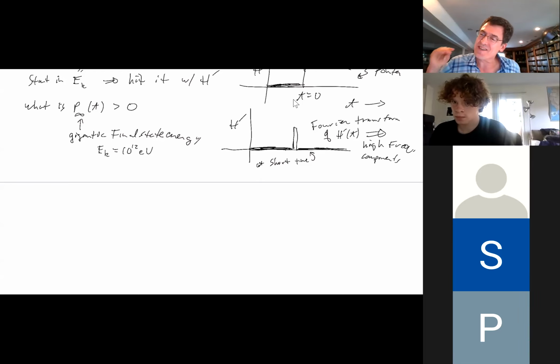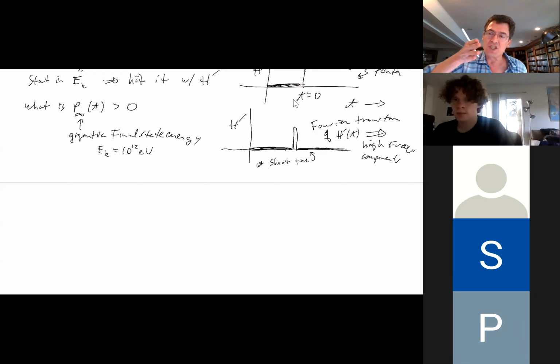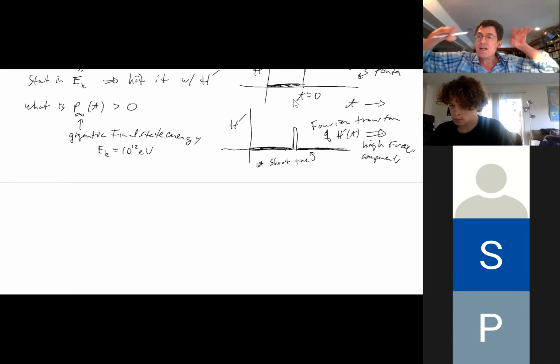That's the trick, because I tricked you. I said that the perturbation is constant in time, but what you didn't notice is that I turned the perturbation on, and then essentially I turned it off. When we do the integral over a short time, it's the equivalent to turning the perturbation on and off over a very short time. And if you do a Fourier transform of a delta spike, what is the Fourier transform of a delta function? It's a constant.